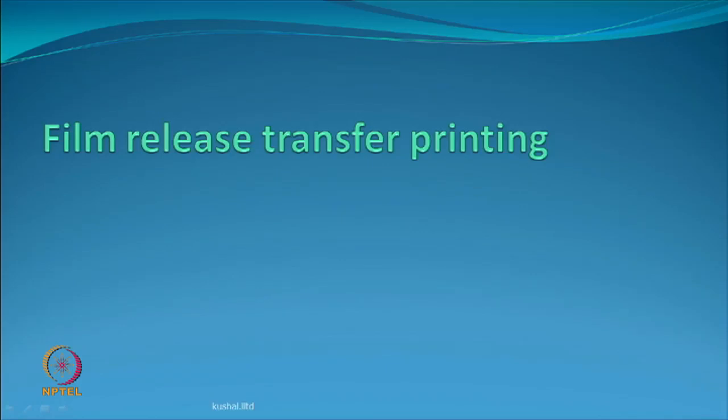A little bit, one or two points on film release transfer printing also. Again, film release for purposes other than textile printing is still being done at levels of very high commercial success, but transferring film onto textile has been tried.